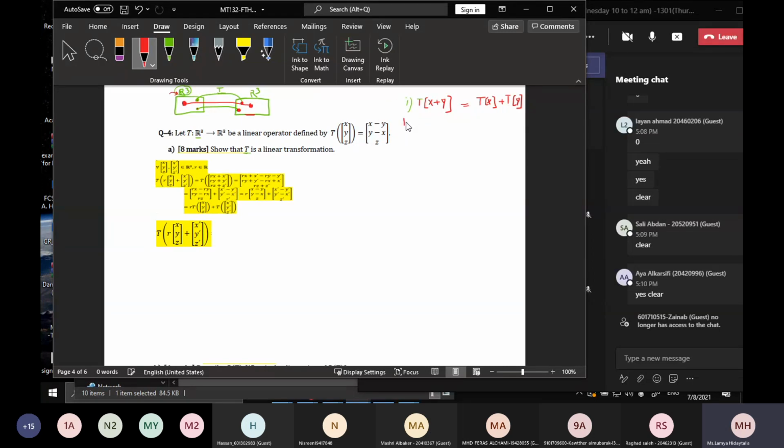Okay, what's the second condition? Also, since this is a vector space, if we have this element, then we should have this one, which is a constant, a real number, let's call it C1, multiplied by this vector here. Let's call it X1.